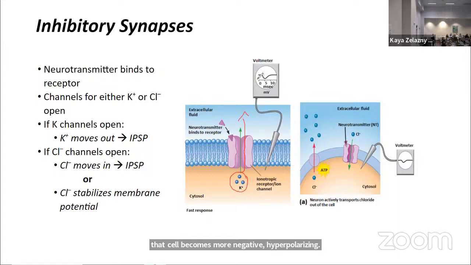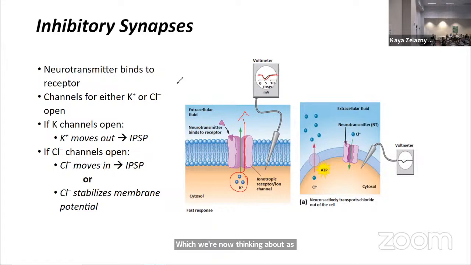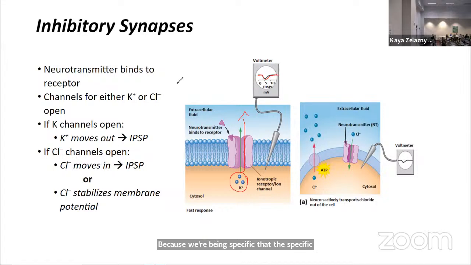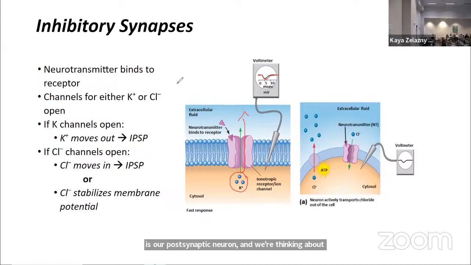And we can see that on our little voltmeter here, right? So we can see that hyperpolarization, which we're now thinking about as an inhibitory postsynaptic potential, because we're being specific that the specific cell type we're talking about is our postsynaptic neuron, and we're thinking about, is it going to give off an action potential or not?